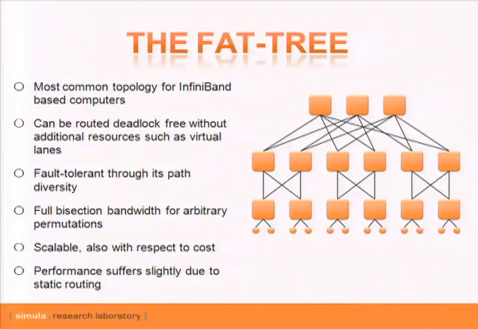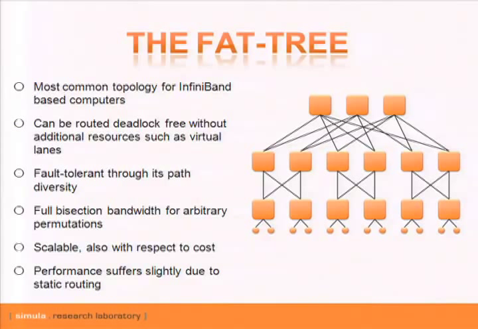Let's start off with the fat tree, and as already said, it is the most common topology for InfiniBand, simply because it holds a number of attractive and important properties. For instance, the routing in it is trivial.